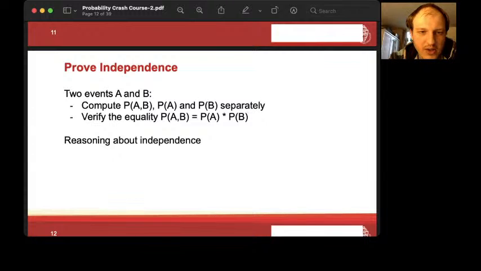So here I also saw a lot of confusion in the homeworks. You have two events A and B, and you want to check if they are independent.